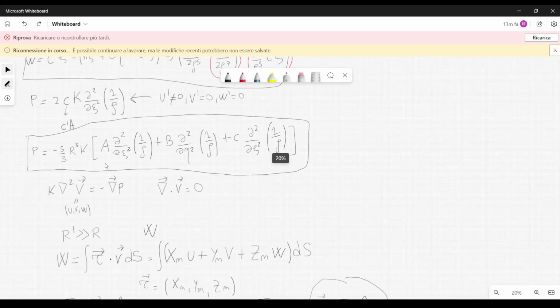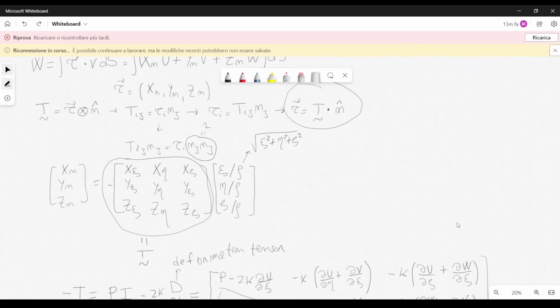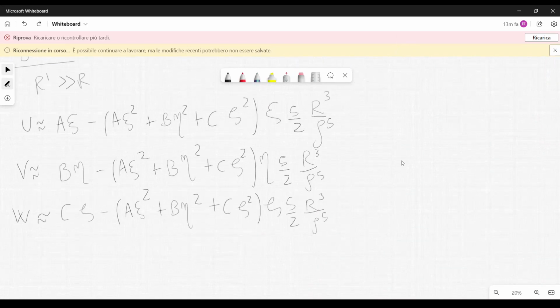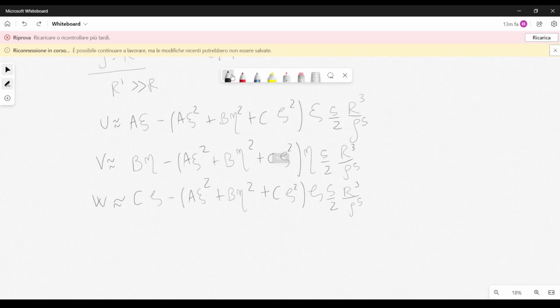This is the expression for p, where we can also substitute the derivatives here because we can calculate them. We have calculated them in previous videos. So if we go down and substitute those derivatives, we have p equal to minus 5 over 3 r cubed k.